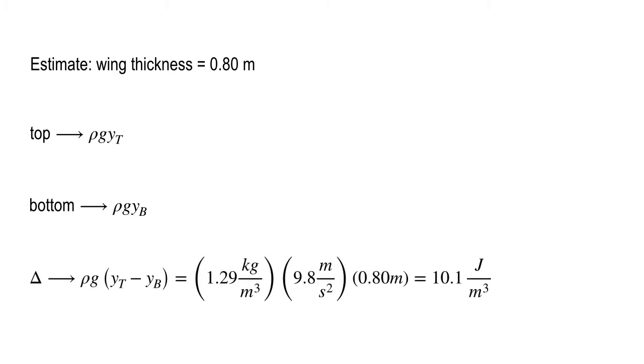Now, if you go pixel by pixel, a pixel on top, a pixel on the bottom, and calculate rho g h, you have rho g times the y coordinate on top, and rho g times the y coordinate on the bottom. Again, what we want is the differential, the delta. So really, what we have to calculate is rho g times (y_top minus y_bottom). That's the difference in height, and that's 0.80 meters, by my assumption.